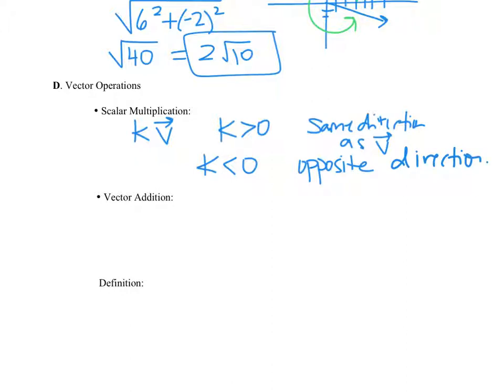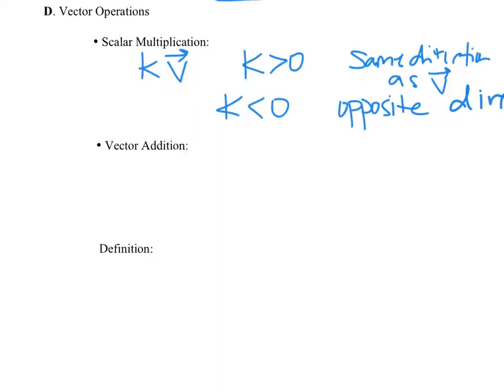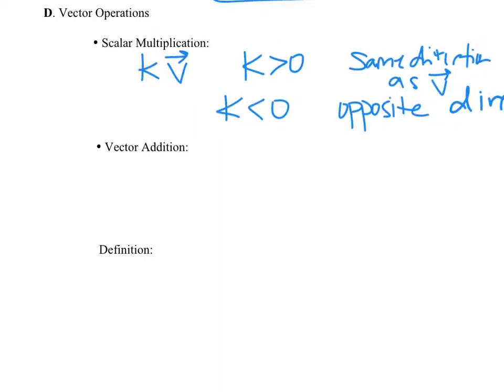Vector addition is pretty good. They call it the parallelogram law. Let's say that you have a vector, let's call it vector u over here. They love to call vectors u and v, and people don't like u and v because their u's and v's look kind of the same. And then let's say that you have a different vector, and let's call it v, over here.